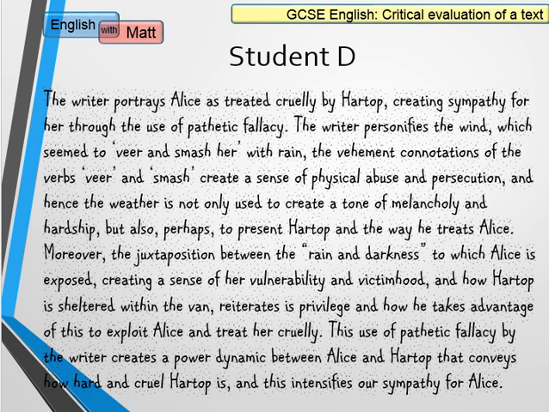You might also want to write down a table of what each student did in terms of the language devices, what they said in terms of the effects, the quotes that they used, or alternatively you could carry on watching for the answers.